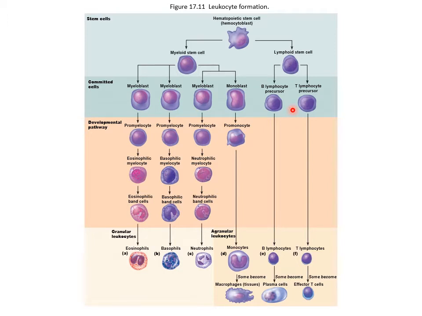I'll tell you a little bit more about them. If a person comes in and has some type of infection, the main thing they will do is draw labs for the hematology department, and they will do a white blood cell differential. Now, if you see an elevated number of lymphocytes, that generally tells you it's a viral infection. If you see an elevated number of neutrophils, that generally will tell you it's a bacterial infection.